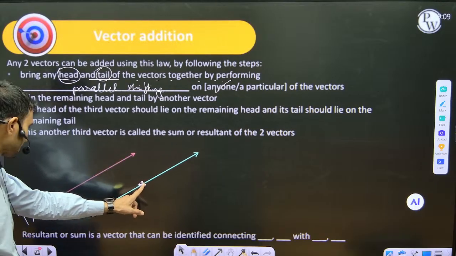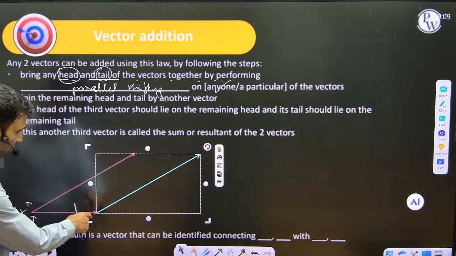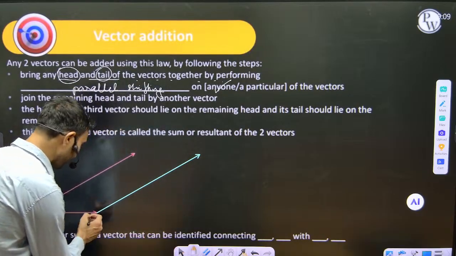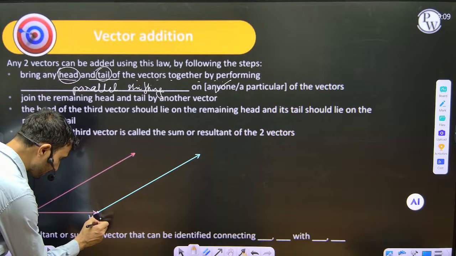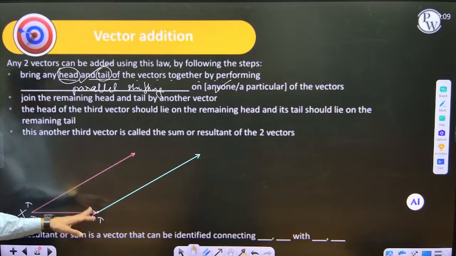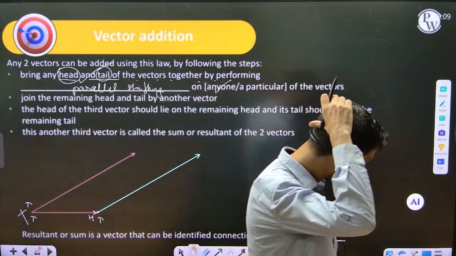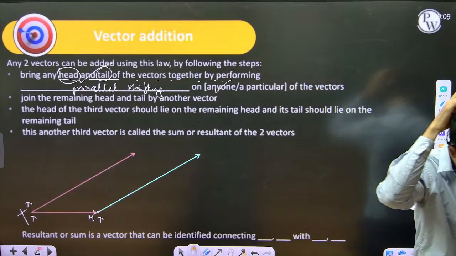We will move it in such a way that now you see what is together. You will see that the head of this vector is with the tail of this vector, and we have achieved our objective. Head and tail must be together. Fine. I hope that part is clear to everybody. Head and tail must be together, right?